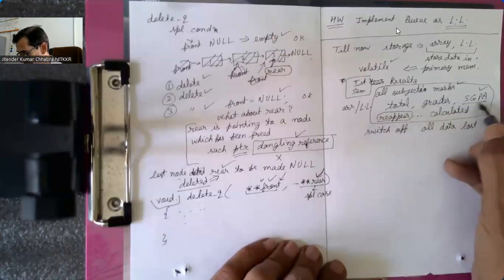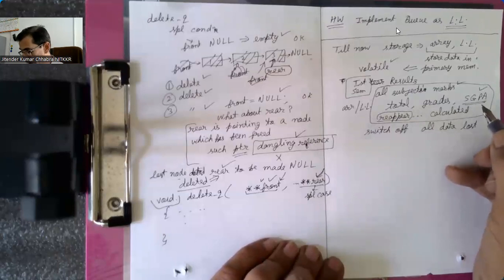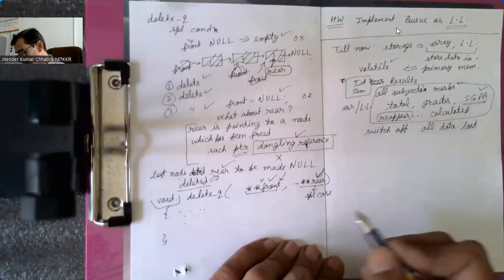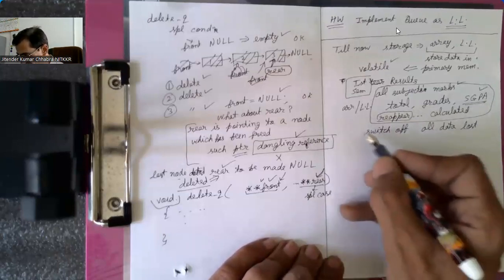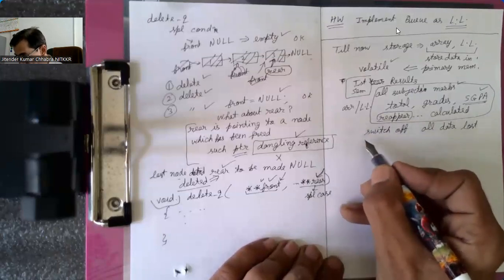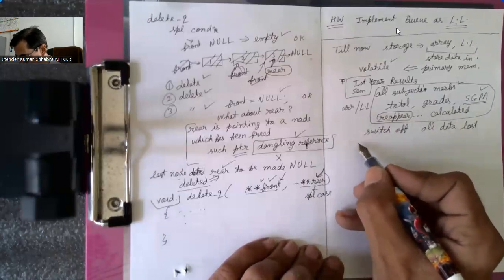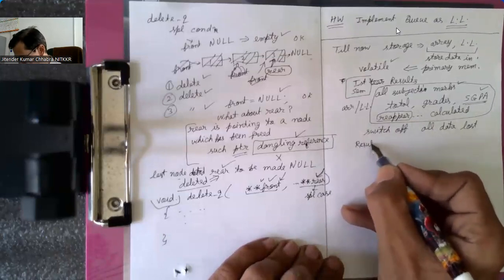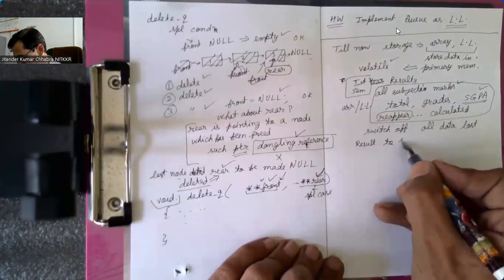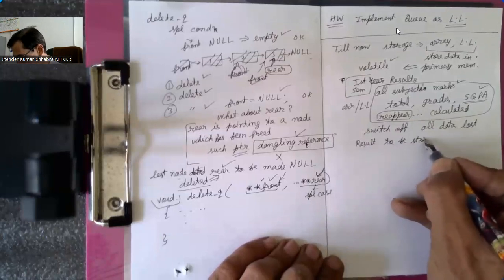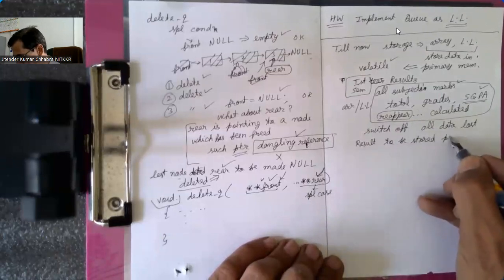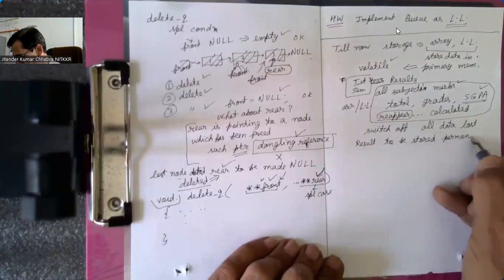But those who had good SGPA might not be happy. Anytime the computer is switched off, whenever I need the first year result, should I again feed the data and do the calculation every time? Obviously not. I wanted my result to be stored permanently. All my marks, whichever I have entered, I want permanently stored.